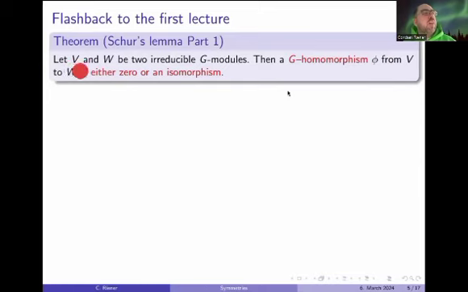V and W could also be the same irreducible representation. And we have a group homomorphism, so a linear map that interacts well with the group action, namely it commutes with the group action. It doesn't matter if you first take the group action and then the linear map, or first the linear map and then the group action.